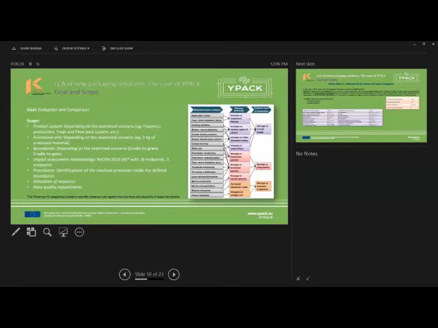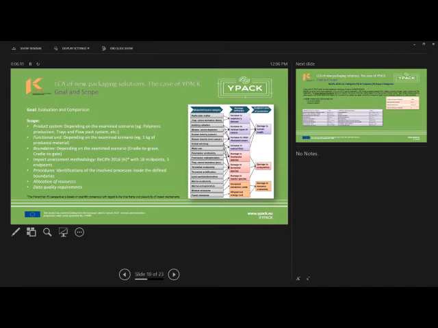The goal of LCA analysis in YPACK was to evaluate the environmental impact of these new packaging solutions and compare them with the most representative commercial ones.